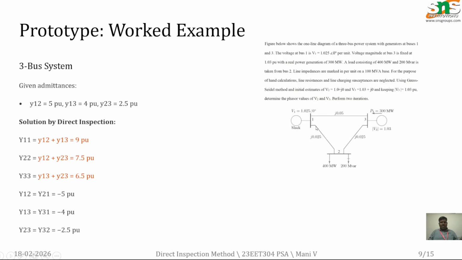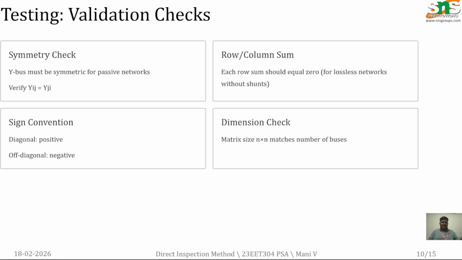In bus number 1 there are 2 branches connected, so we have to add the 2 admittance values, and likewise in bus number 2 and bus number 3, we simply add the 2 values so that we can form the admittance value. Based on forming this admittance, we can then make it into the matrix form.